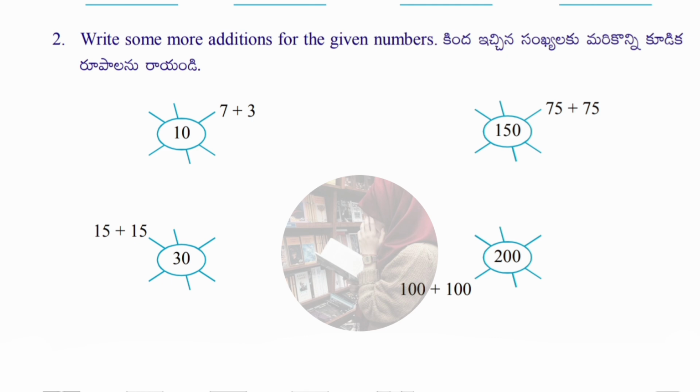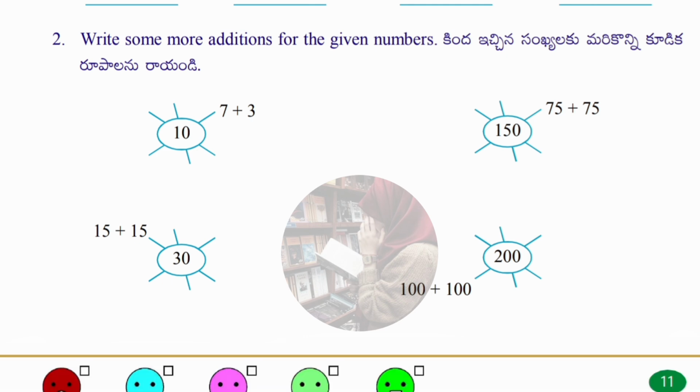You can write 2 plus 8 is also 10. Like that, whatever additions you get, you just write them down exactly opposite to the given line. Like 7 plus 3 is already given. Okay, here are the answers guys, please do it. In this way you have to write the answers.